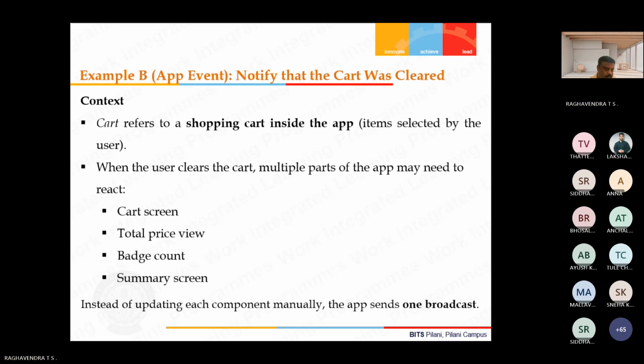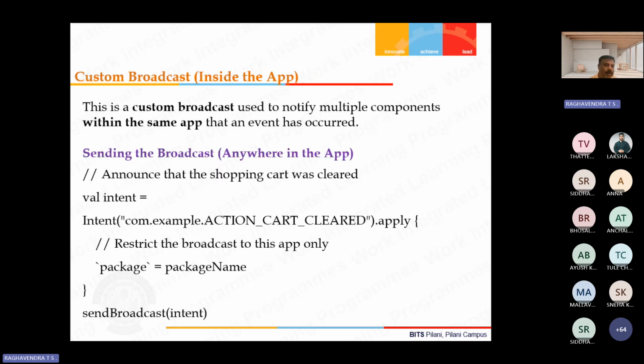So the cart screen, where the total price can be verified, the badge count, and the summary screen. So this is a custom broadcast used to notify multiple components within the same application that an event has occurred. Sending the broadcast: announce that all the shopping carts were cleared.